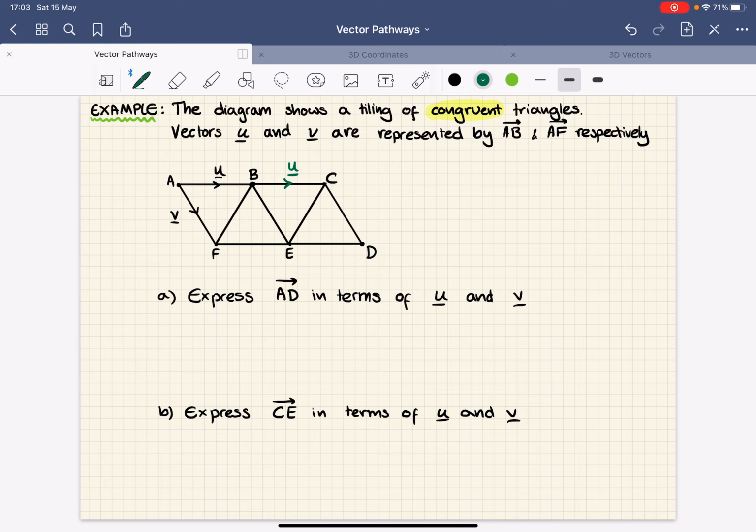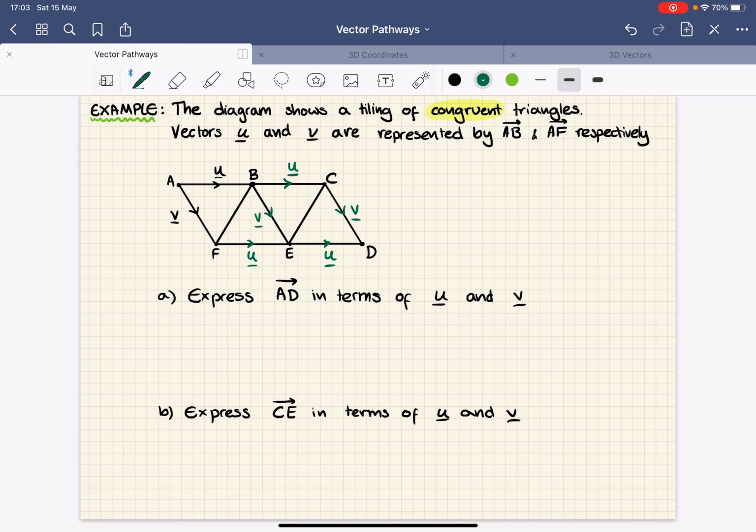And they're going to be parallel with this F to E and this E to D. And then parallel lines to that v, so make sure you pay attention, it's going in this sort of direction, so it's going to be this B to E and this C to D as well. So that's going to be v, and this also here is going to be v.